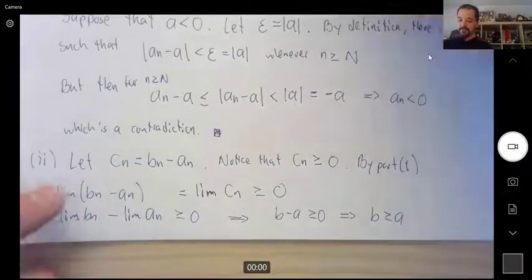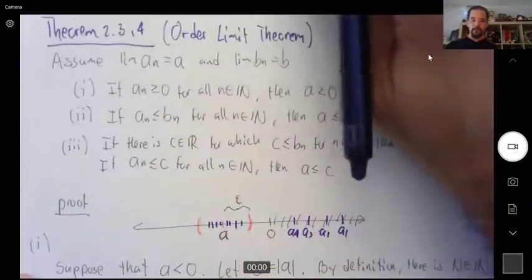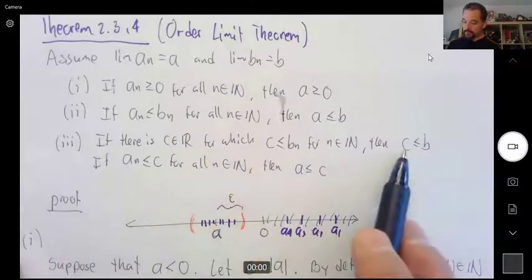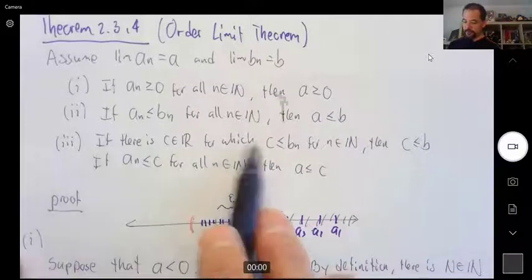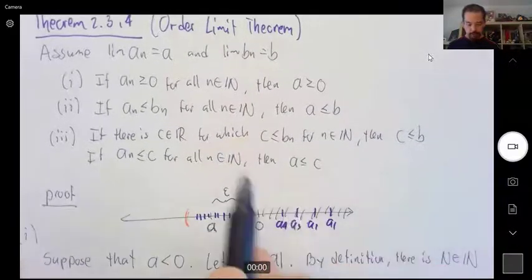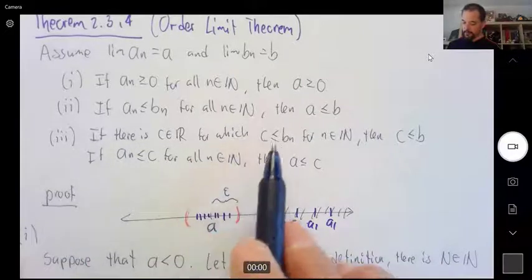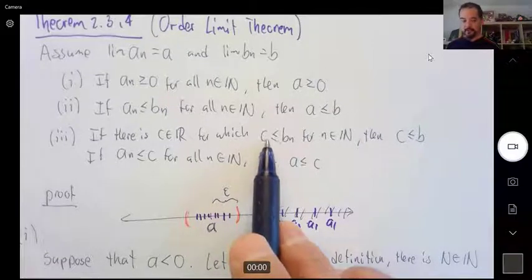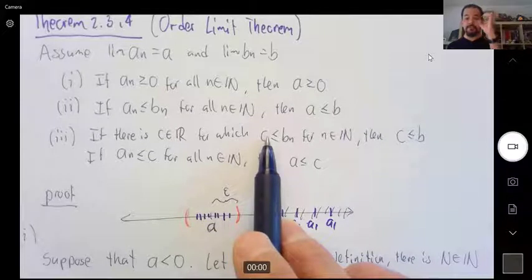And the third one is easy as well, because for the third one, all you need to do is use a constant sequence. So for the first one, bn is greater than or equal to c, so you can use the constant sequence c. So pick an equals c all the time. c, c, c, c, c.